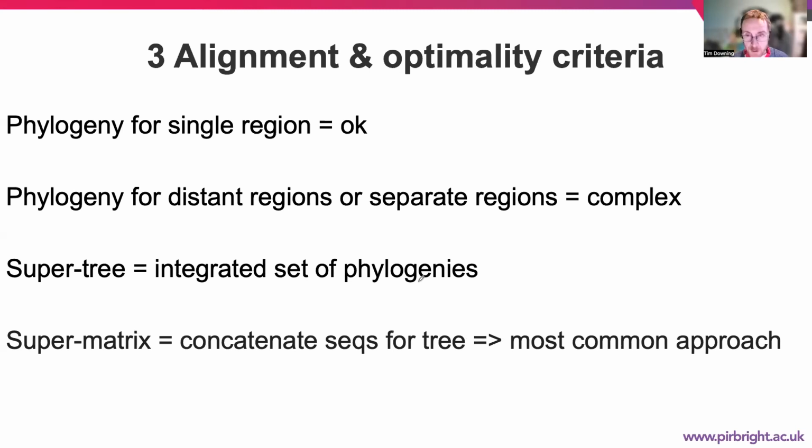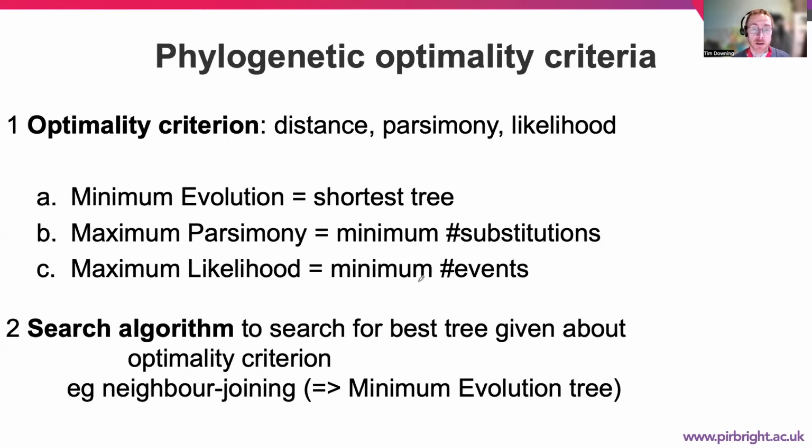So that brings us to optimality criteria and considering what different methods are best. So you have things like distance-based methods, maximum parsimony, and maximum likelihood-based methods as well. So consider whether minimum evolution is the best approach. That's the shortest tree based on the sum of all the different branch lengths.